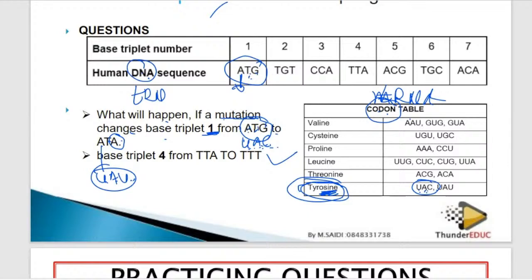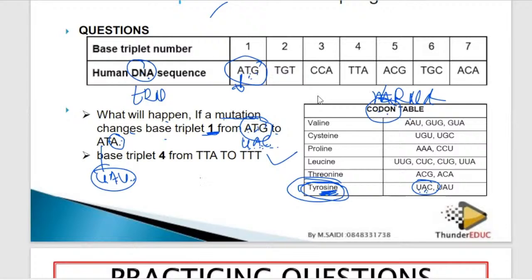I don't want to pronounce it badly. If I call you the other way around, you say yes, sir. When I call you with another name, you also say yes, sir. You understand? So it means that they are coding for the same amino acid, however much the codes are different. Is it clear there? Yes.